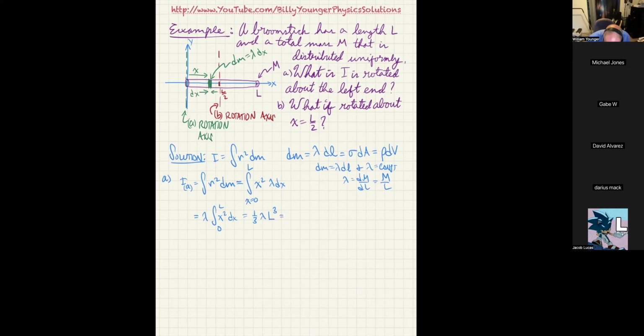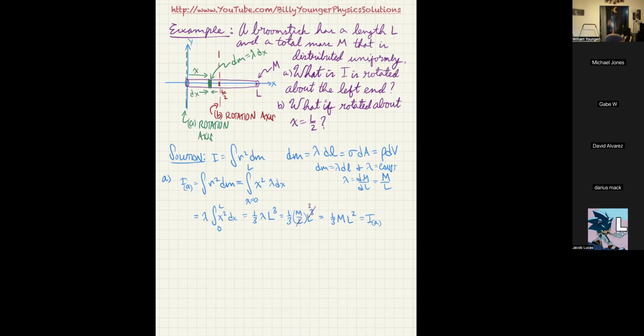But lambda now is m over L, so I'm going to say 1/3 m over L times L cubed. You can see that the exponent of 3 is going to cancel out, leaving an exponent of 2. And we now have that the moment of inertia is equal to 1/3 ml squared.